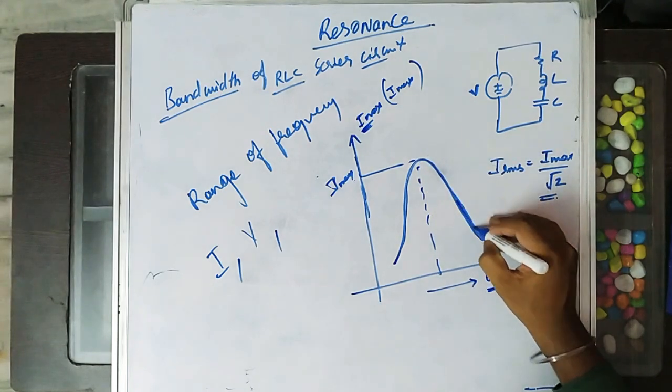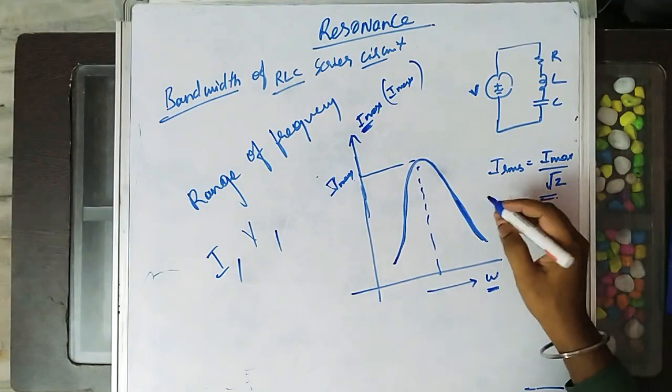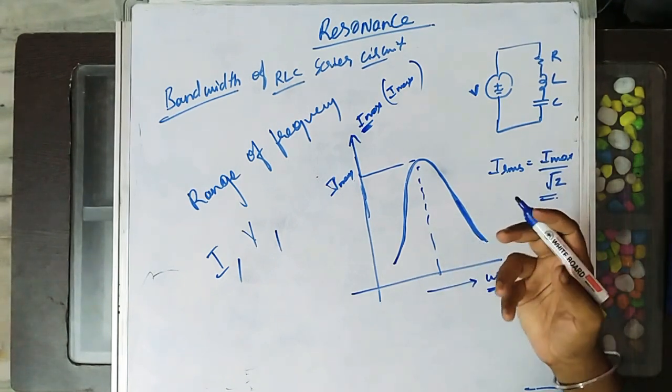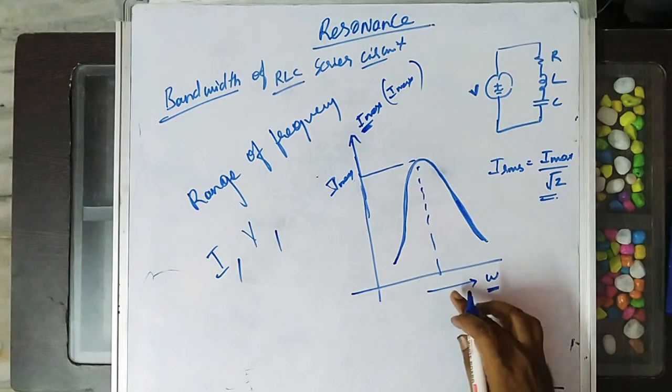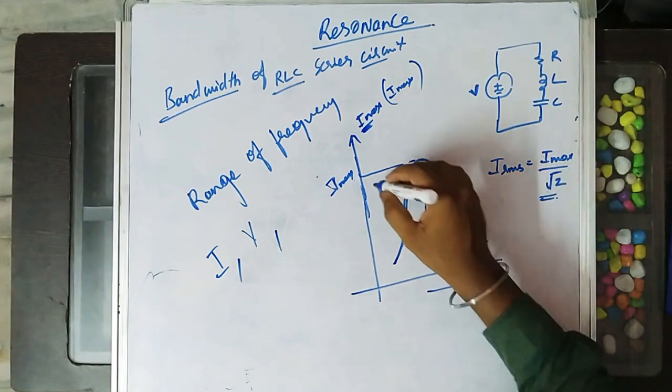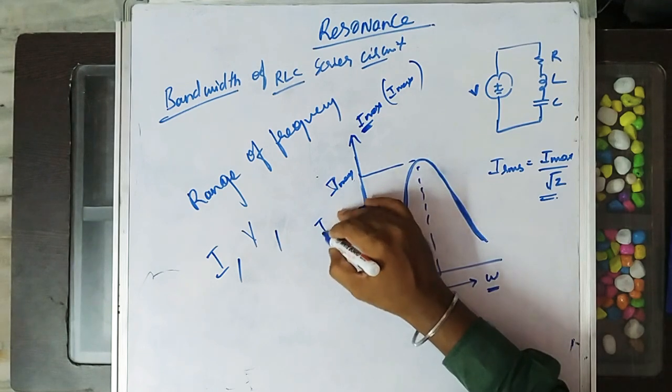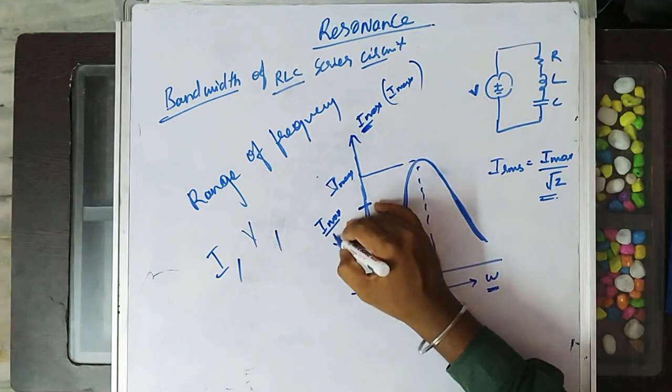In this curve, we have to select a frequency range. We select up to 70.71%, which means Imax by root 2.